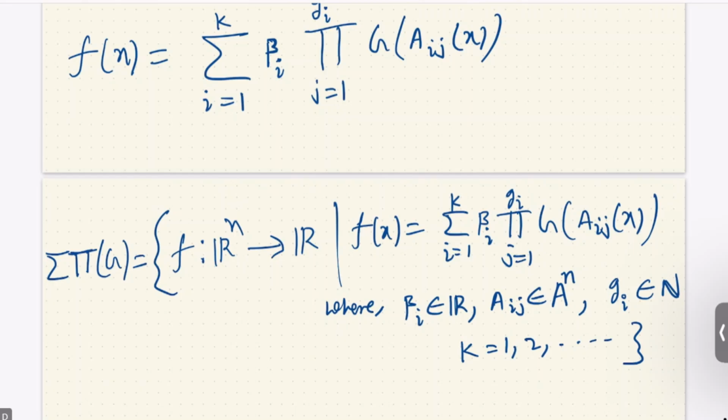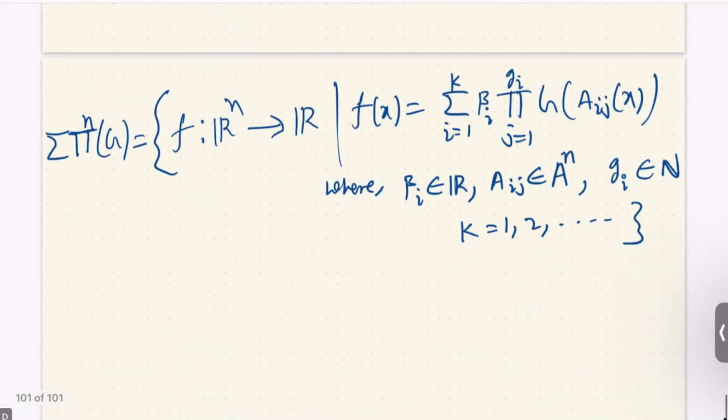Okay, I will keep it as sigma pi n, where n is for R^n to R, n dimensional to one dimensional. Now, if you think of our original beginning, the sigma n of g is a subset of this one.